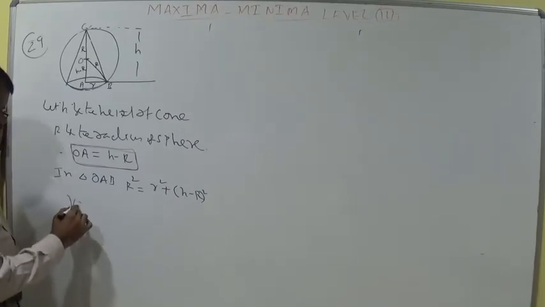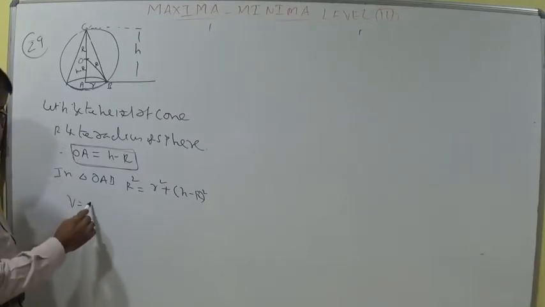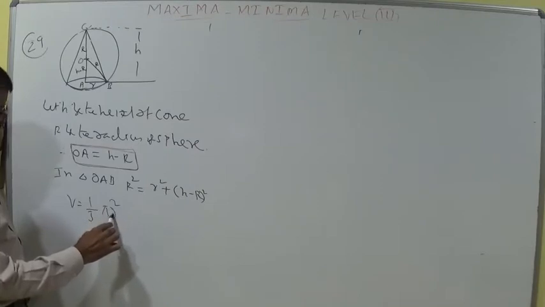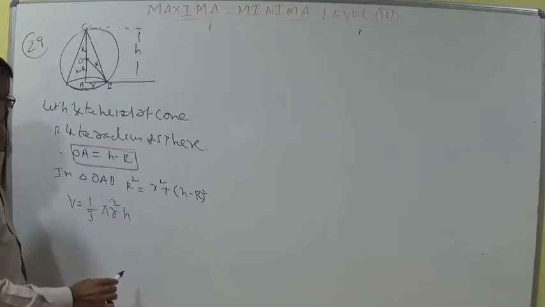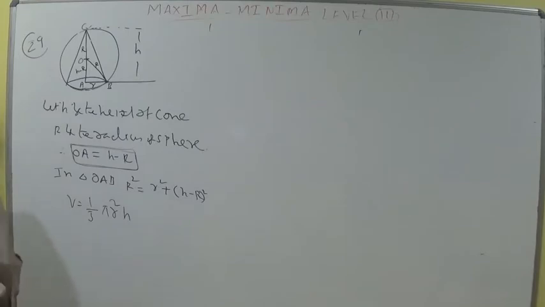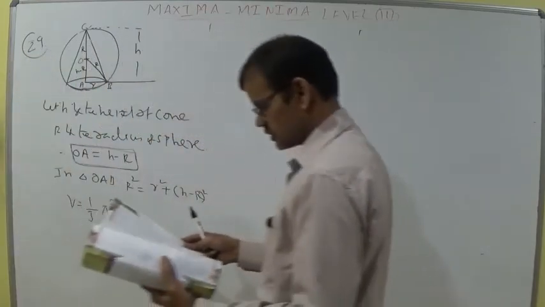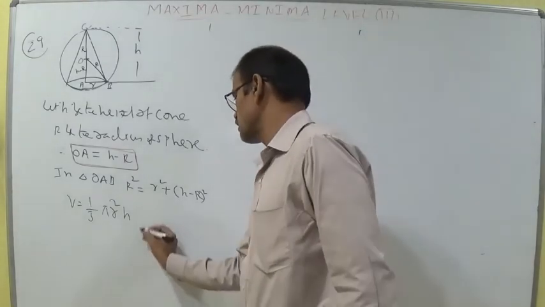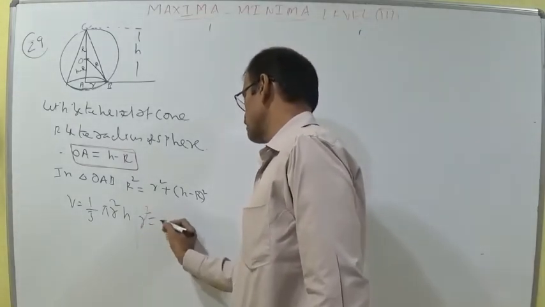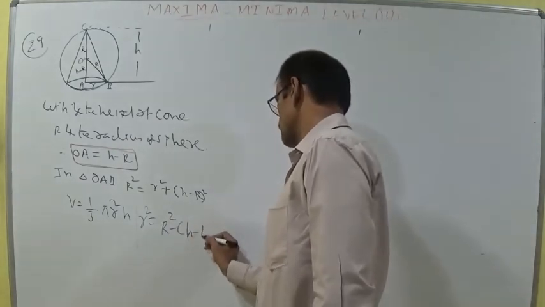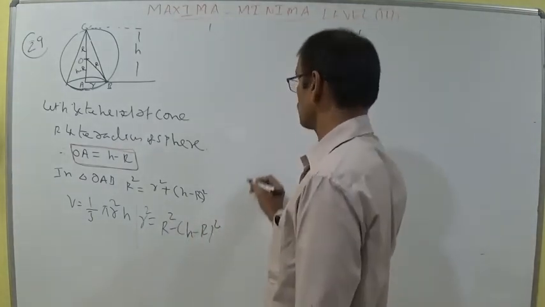Now V is equal to volume of cone I am writing. V is equal to 1 by 3 pi r square H. Using this, you can write small r square is equal to capital R square minus H minus capital R whole square.